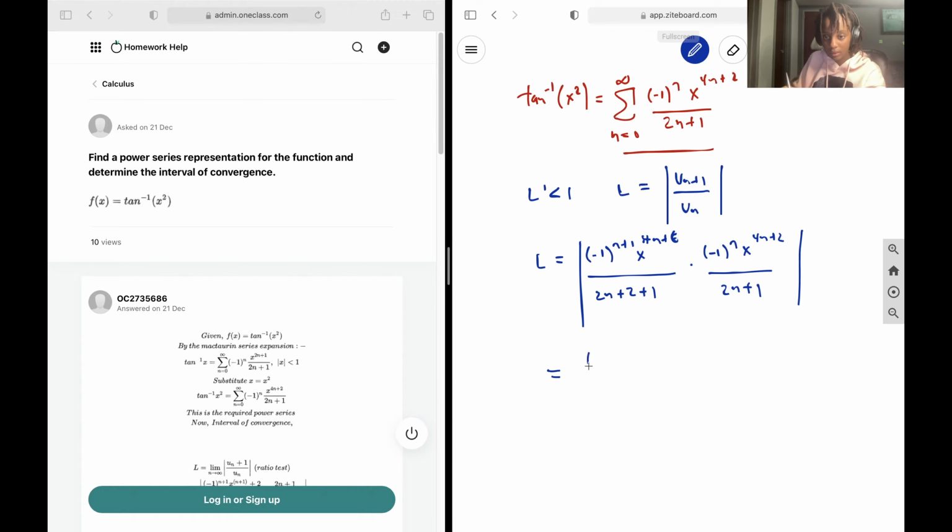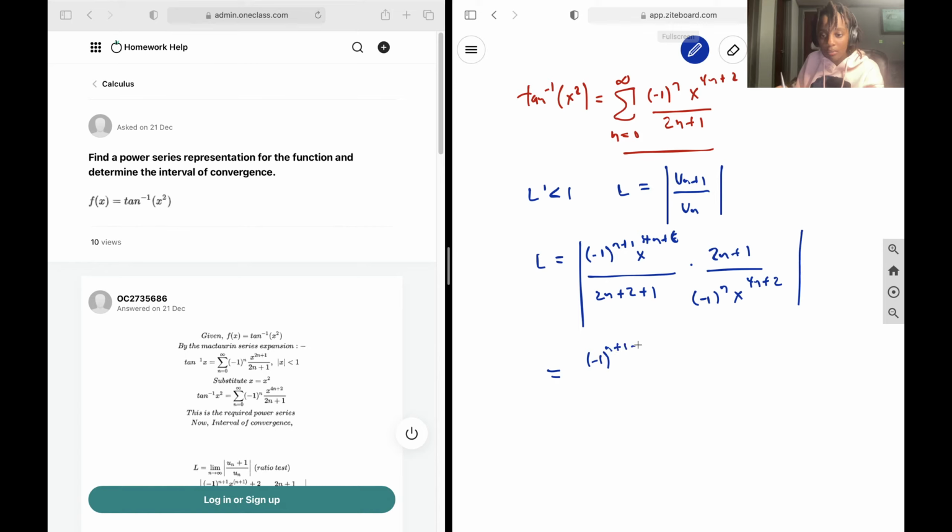And this is going to give us -1. Oh, sorry, it's supposed to be the inverse, because it's the denominator here.